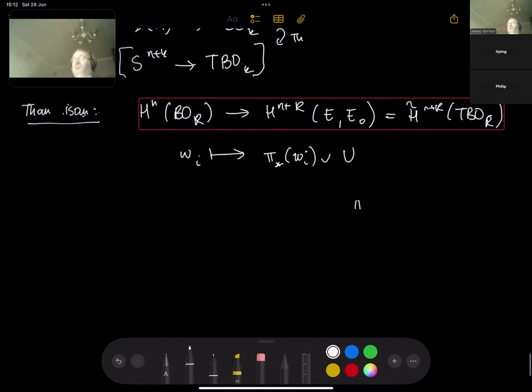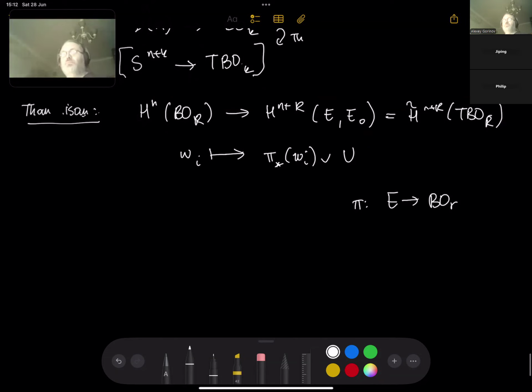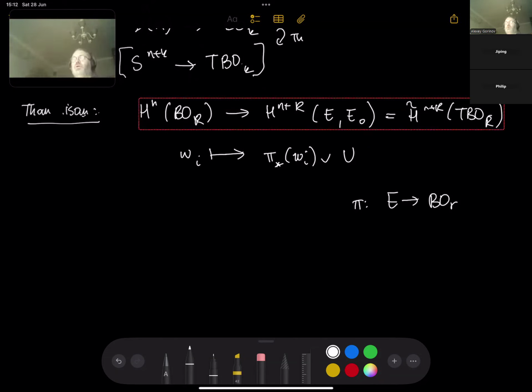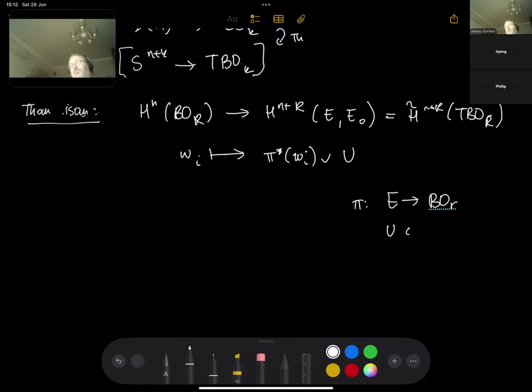So we have the projection from E to BO_R. This induces a map pi star. Isn't it supposed to be pi upper star? Yes, sorry. Here pi is the projection of the universal bundle, and U lives in H^R(E, E_0).